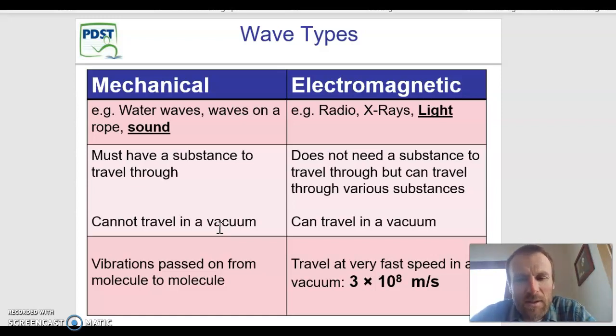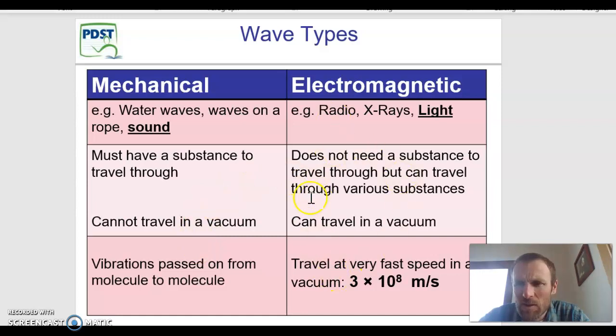Even if you could take your helmet off and try to talk, the mechanical waves, which are sound waves, would not travel because in a vacuum, there is no medium for the wave to transmit and carry that energy. So the vibrations are passed from molecule to molecule.